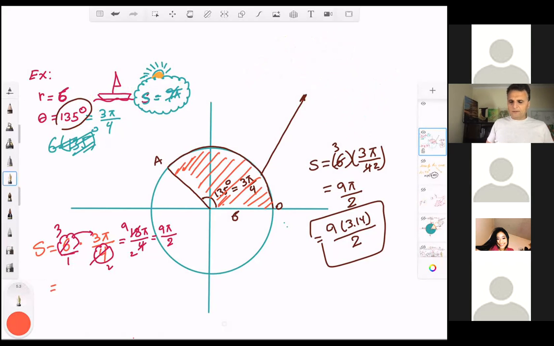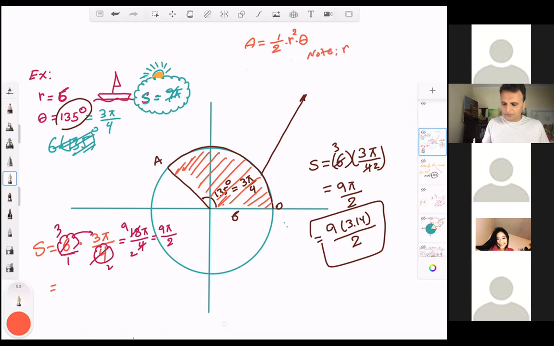We have a formula, correct? The formula A equal to 1/2 r squared theta. This gives us the area of the sector. What is the note underneath of this? When somebody comes up with the formula, they need to say what is r, what is theta.